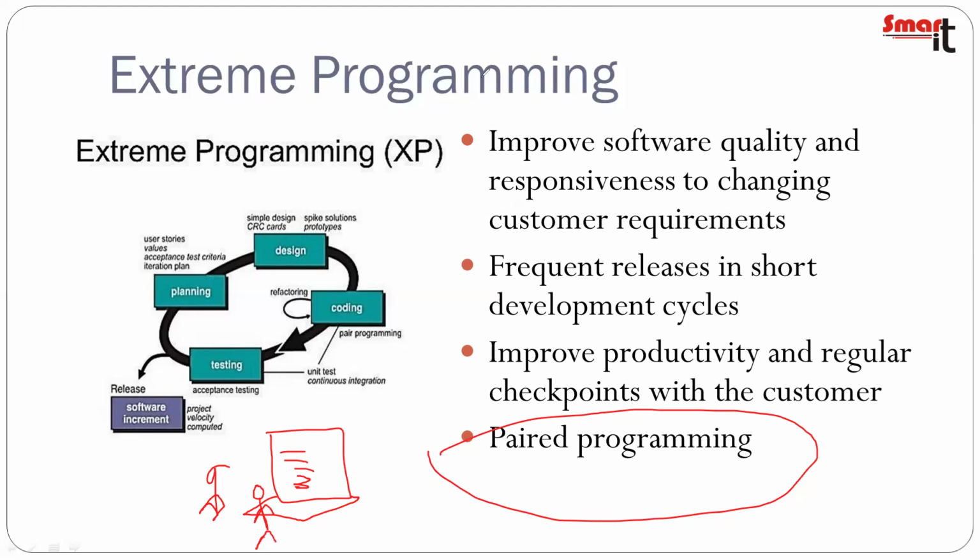But here, one computer and two persons. That is why we say paired programming. So, are both of them typing code? No, one is just looking at the code, and the other person is doing the coding, right?